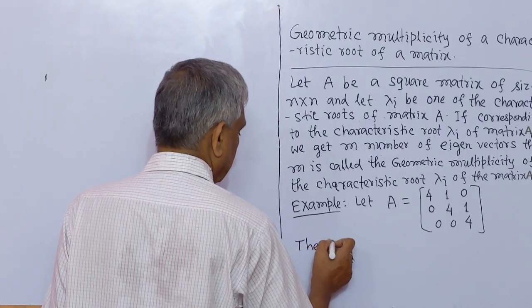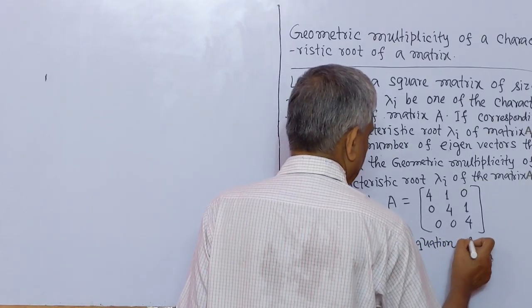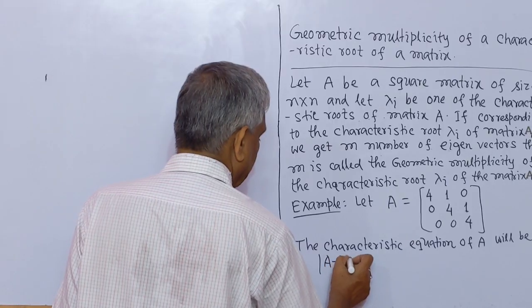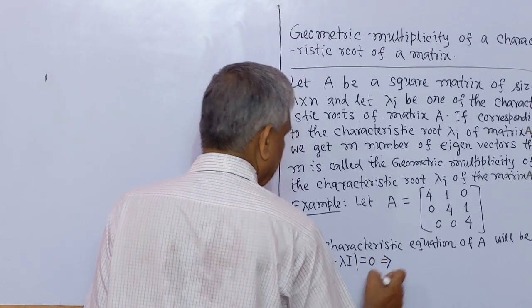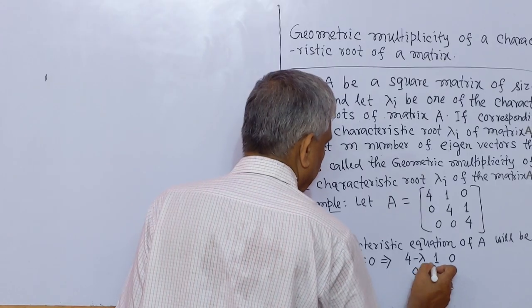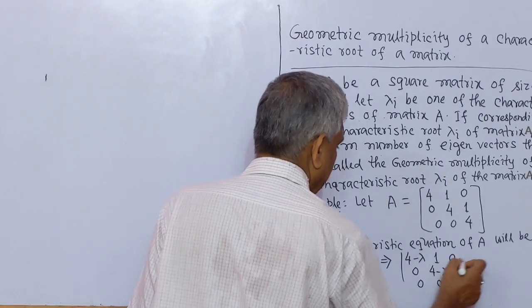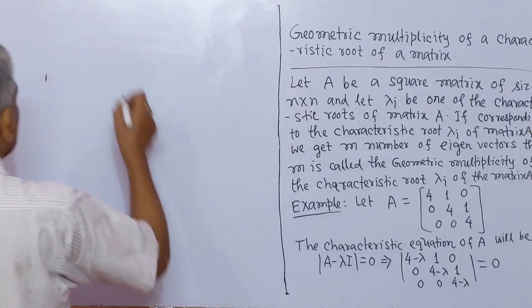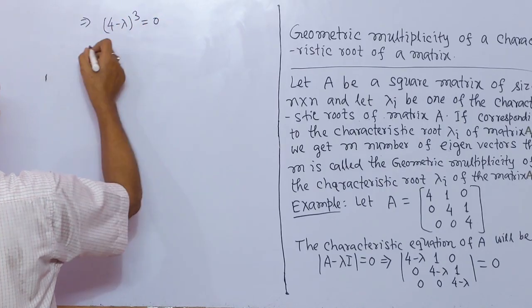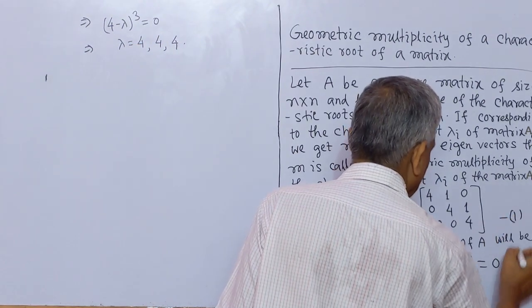The characteristic equation of A will be determinant of A minus lambda I equals 0. This implies the determinant of 4 minus lambda, 1, 0; 0, 4 minus lambda, 1; 0, 0, 4 minus lambda equals 0. This implies (4 minus lambda) whole cube equals 0, which implies lambda equals 4, 4, 4. Let this be number 1, this be number 2.